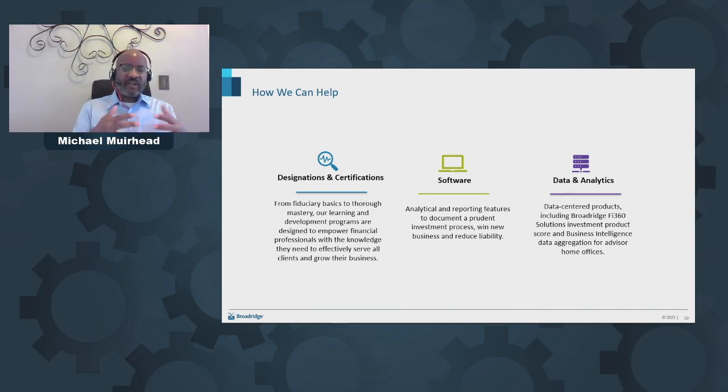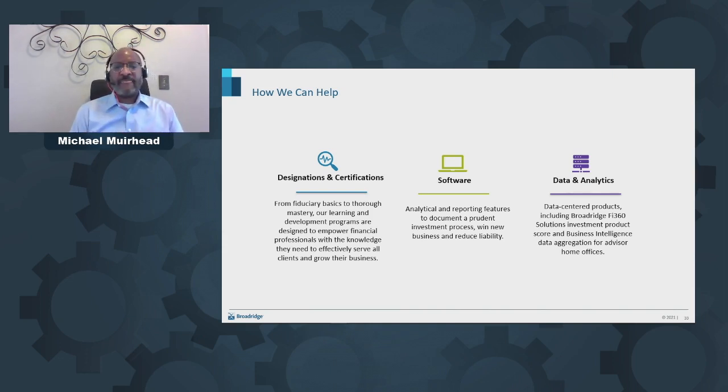And so really having a nice grounding in fiduciary practices and principles, even if you are not acting as a fiduciary in that specific client engagement, again, we've seen that have a really nice positive impact for those organizations.